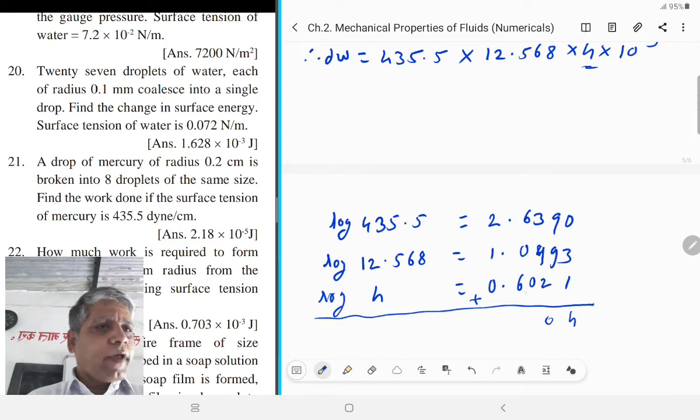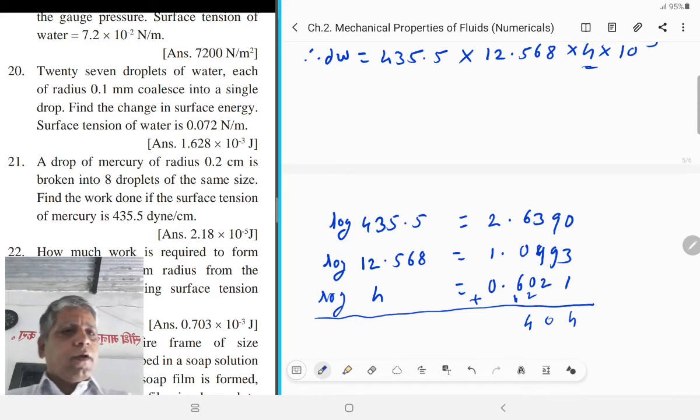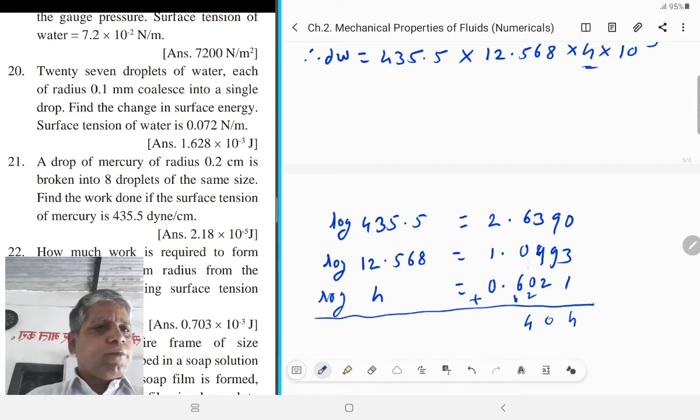We get 3 plus 1 is 4, 9 and 9 is 18, plus 2 is 20, 2 carry. 3 plus 9 is 12, plus 2 is 14, 1 carry. Characteristic 6 plus 6 plus 1, that is 13, 1 characteristic 2 plus 1 plus 1, that is 4.